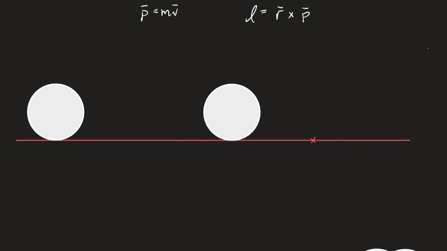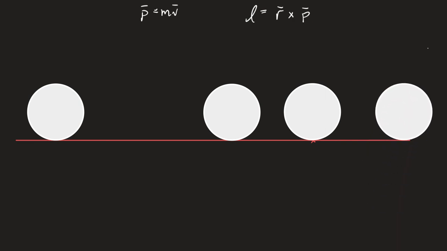So I want you to imagine 4 states of this problem. And in each one of them, there's a different R that needs to be drawn to be used in calculating the angular momentum.